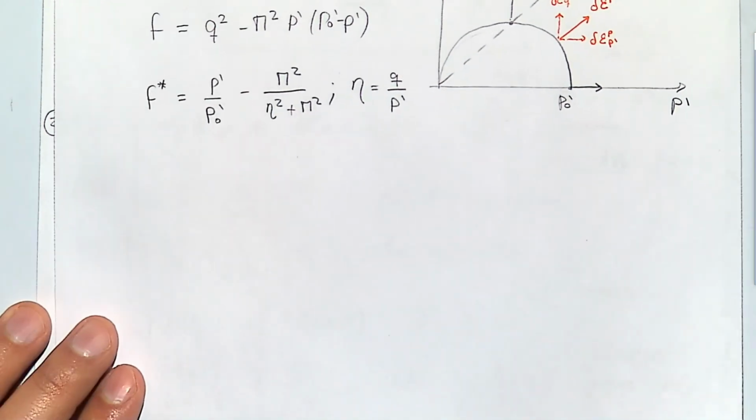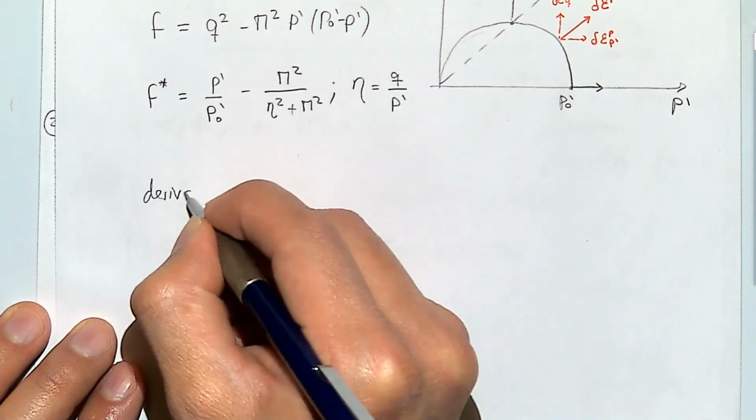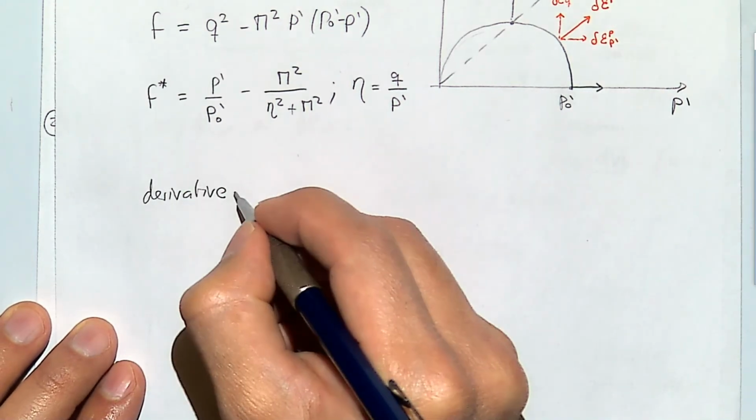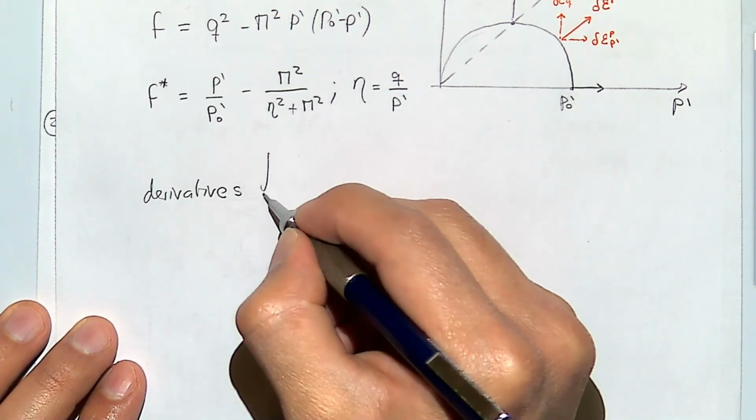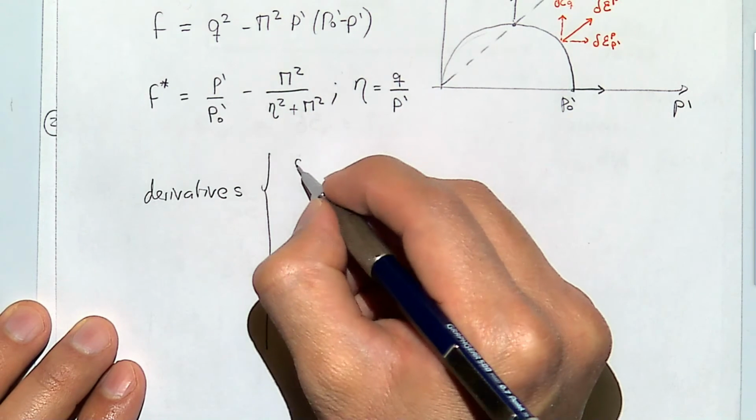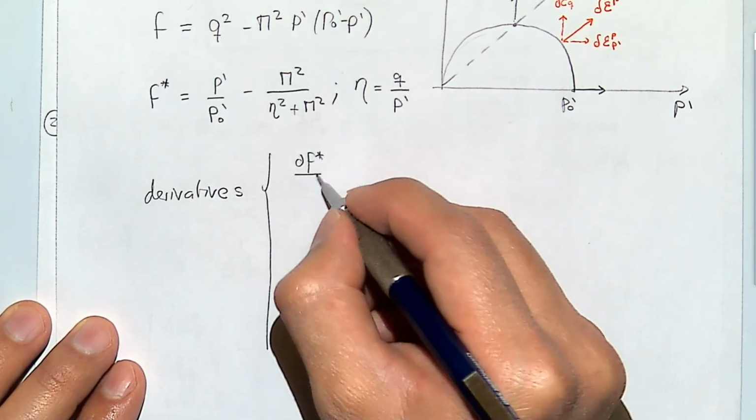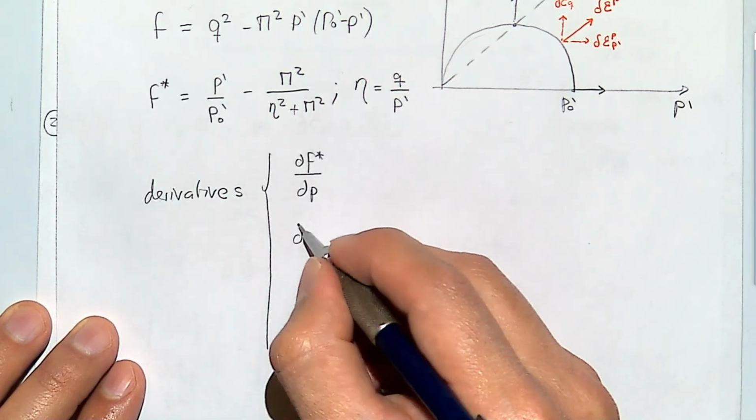If we do a little bit of math, if you remember, the flow rule requires to calculate derivatives. And these derivatives are going to look like this. We have 3 derivatives.